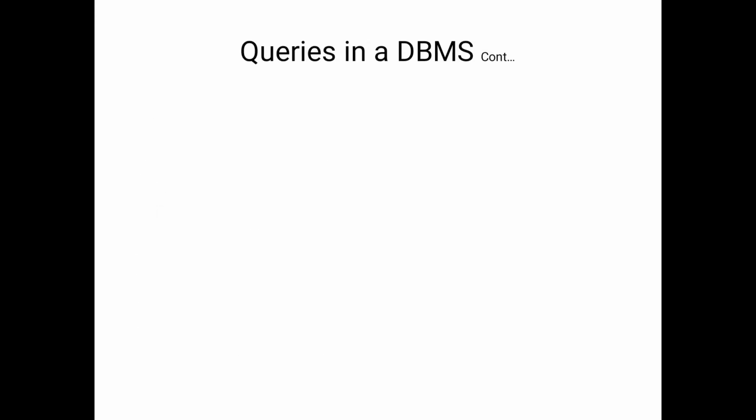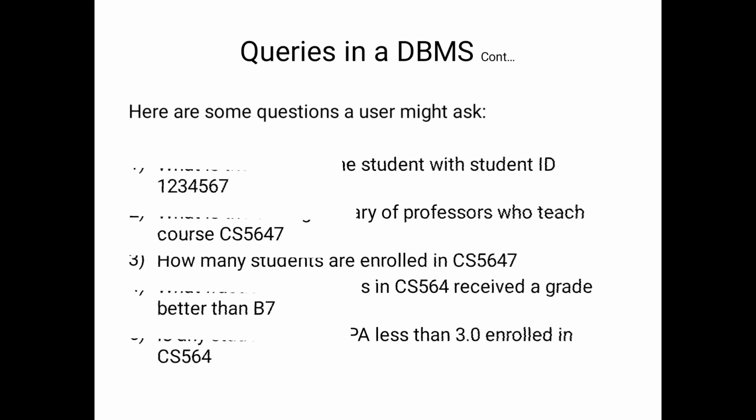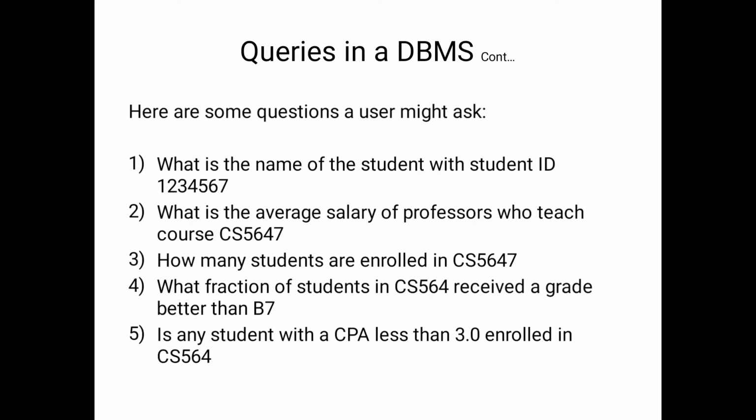Now we will write some questions. What is the name of the student with student ID 1234567? Second question, what is the average salary of professors who teach the course CS 5647?